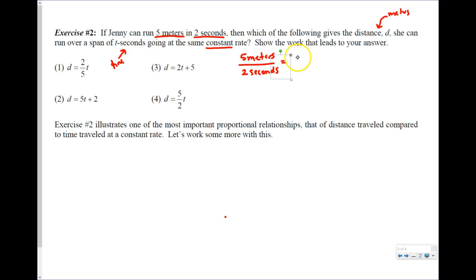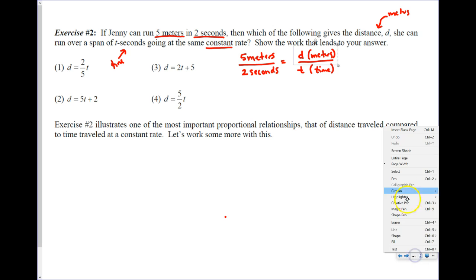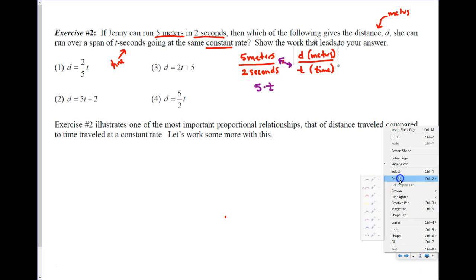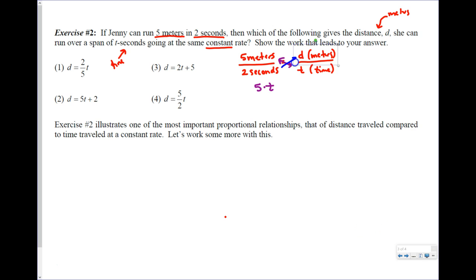So I can write that meters stands for D, because that's what's on top, and on bottom is T, because that stands for time. Okay? Now this is helpful because now I can cross multiply like I did before. I'm going to multiply that 5 times the t to get 5 times t, and I'm going to multiply the 2 times the d to get 2d. So I'm just creating this proportion and then create an equation from it.